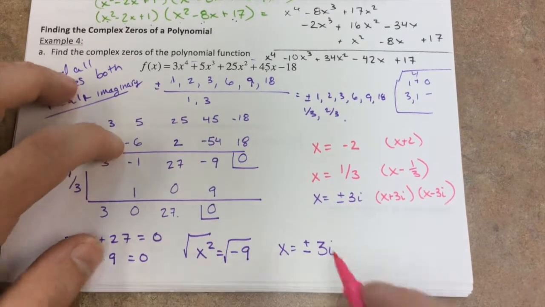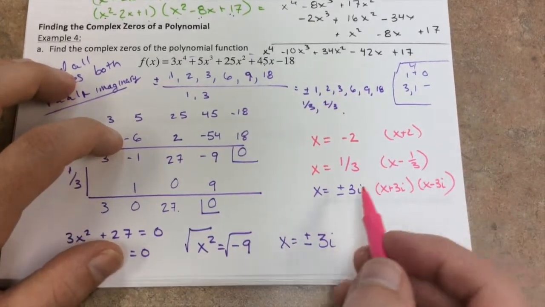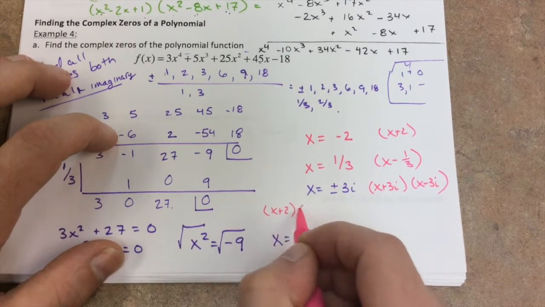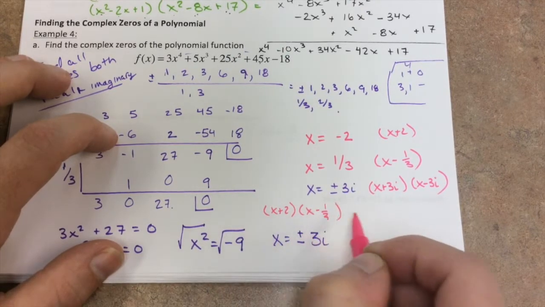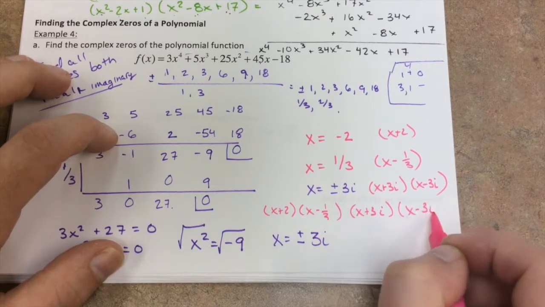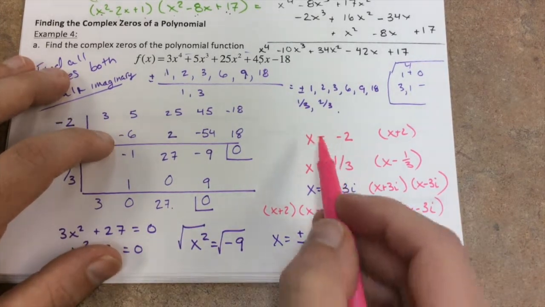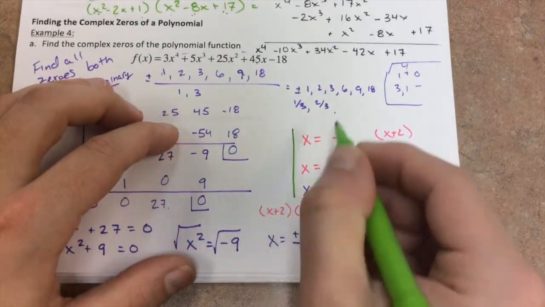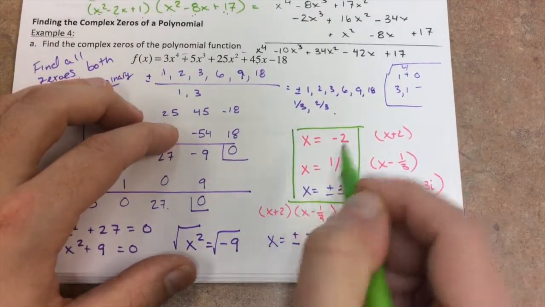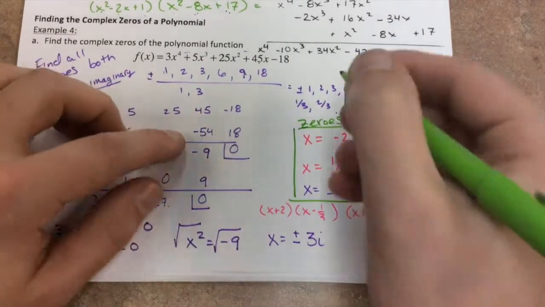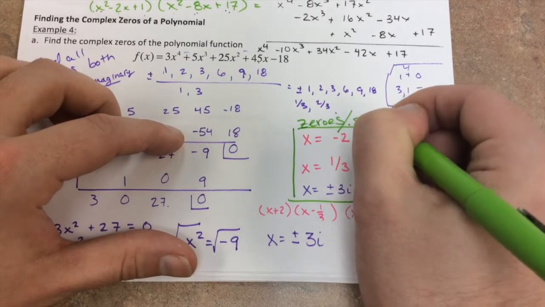So if I wrote those all together, I know it's not asking you, but just for our sake, this fully factored out is x plus 2, x minus 1/3, x plus 3i, x minus 3i. Those are factors, and then these right here, where we have x equals, these are our zeros. Those are our solutions.